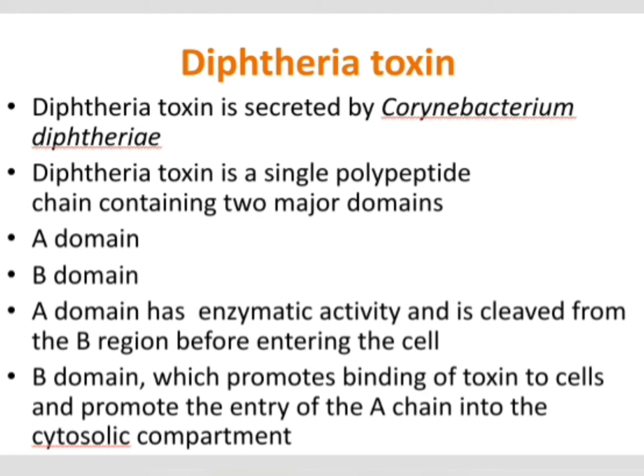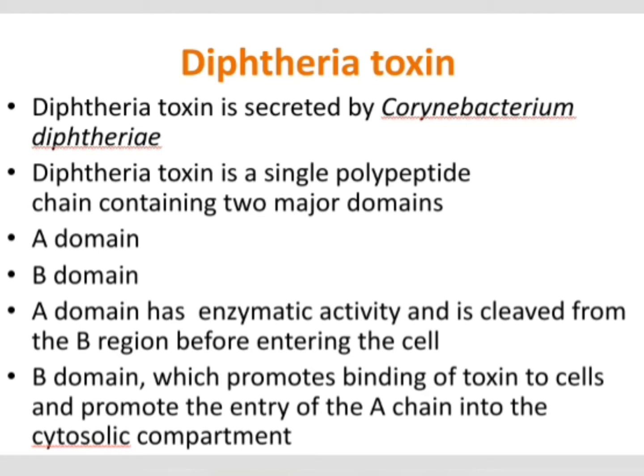A domain has the enzymatic activity, and A domain and B domain are attached as a single polypeptide, but since A domain has the enzymatic activity, it has to enter into the cytosolic compartment to get activated. B domain helps to attach the whole diphtheria toxin to the plasma membrane of the cell.